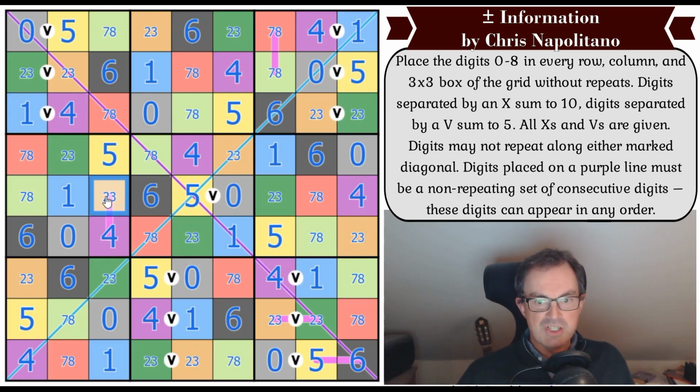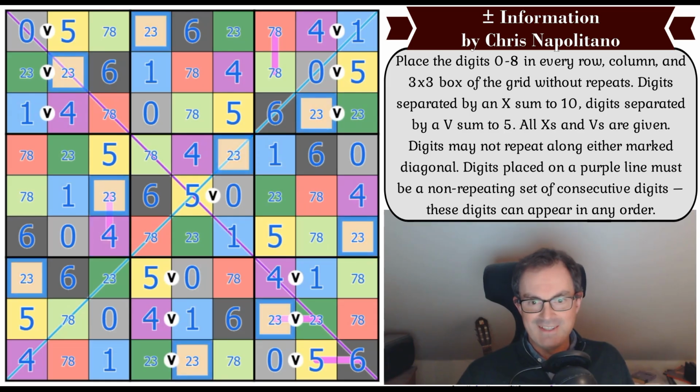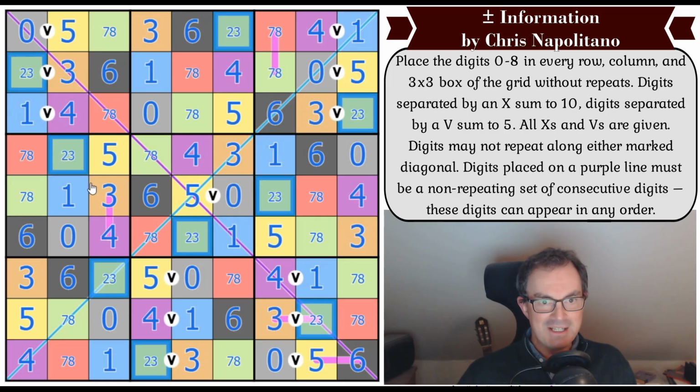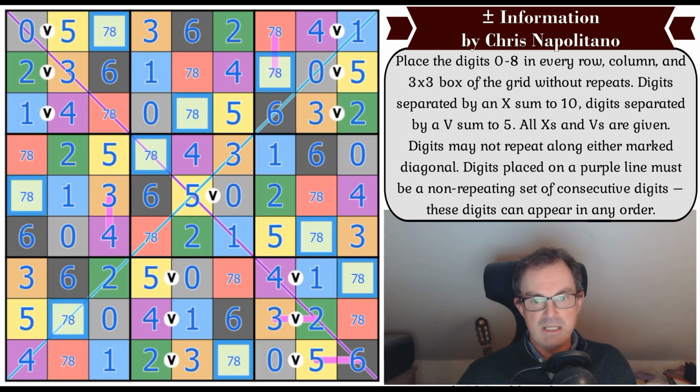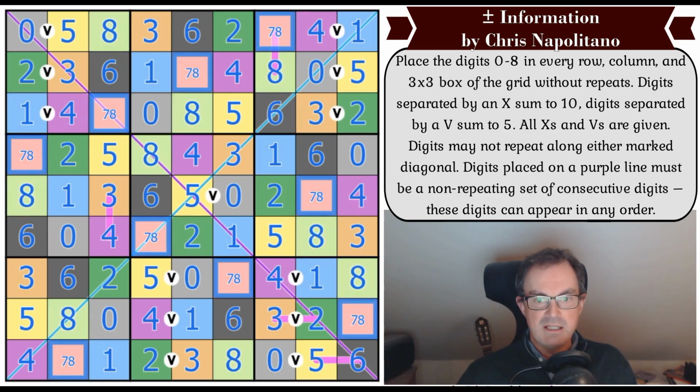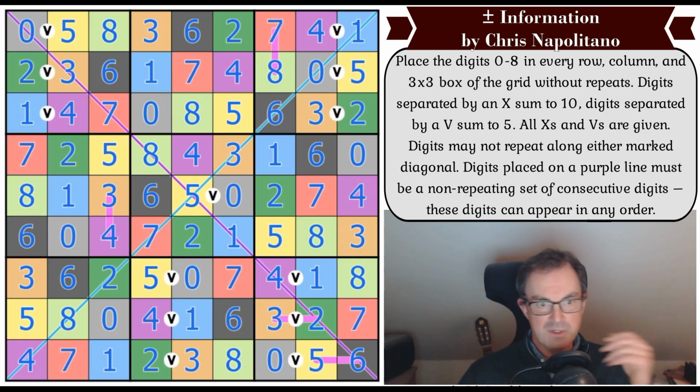We know orange is 3 from this Rembrandt. This is lovely, which means dark green is 2. Now 2 goes together with 8 to make 10. So the lime green is 8 and the red is 7, and that's this puzzle solved.